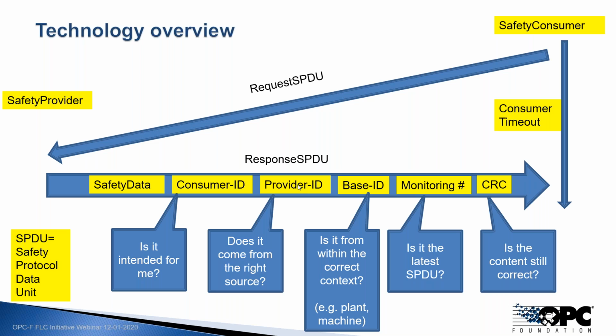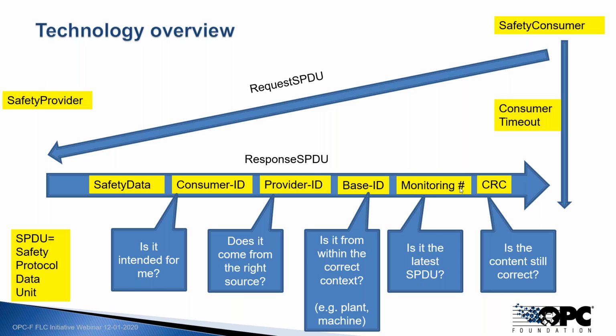But then there could be an addressing error going from one wind turbine to another. For that reason, I also assign a so-called base ID to each instance of the wind turbine, and by that I can discriminate the individual devices. So these IDs in general are used to detect addressing errors.